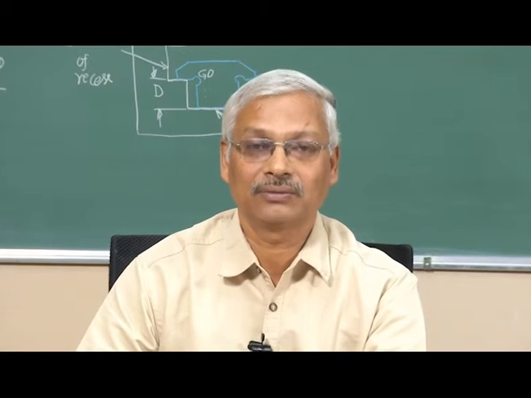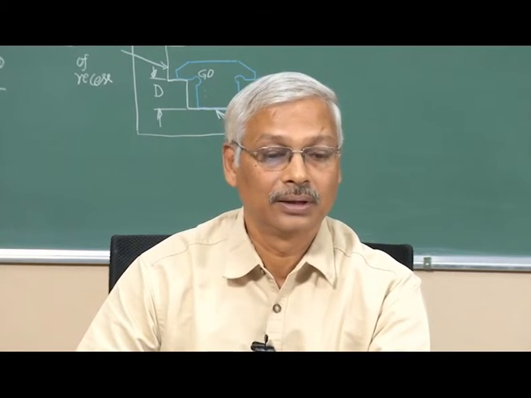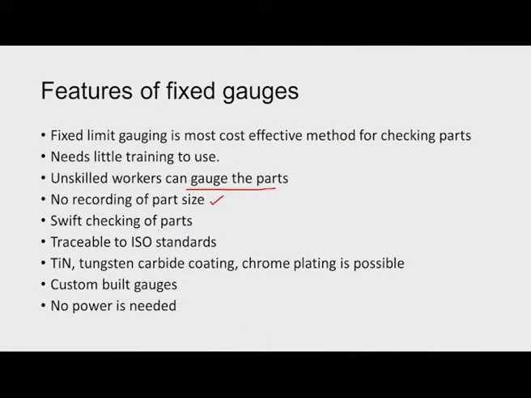We just say whether the workpiece is acceptable or not, and the quick checking of the parts. All these gauges are traceable to ISO standards, and different kinds of coating are possible to enhance the service life of the gauges, and also custom built gauges can be made depending upon the requirement of the user.